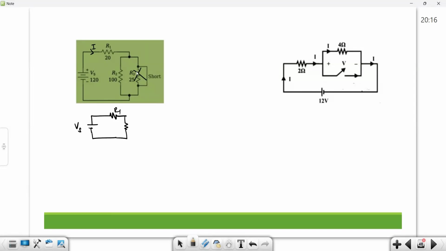If you remove this element, as I told you yesterday, this node and this node are connected by a simple wire, so both are a single node.